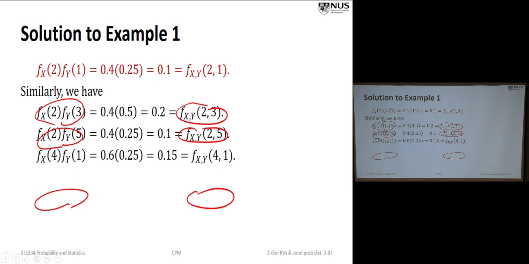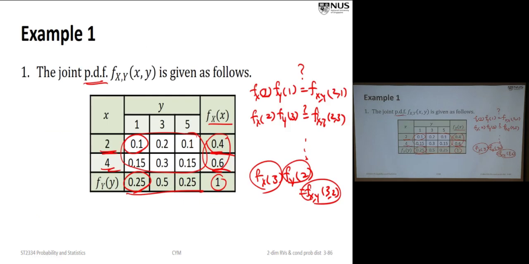But if you look at the joint distribution, when x equals 2, basically the probability is the conditional distribution of y given x. All right, y given x equal to 2, so y equal to 1, 3, 5, is 0.1 divided by 0.4.